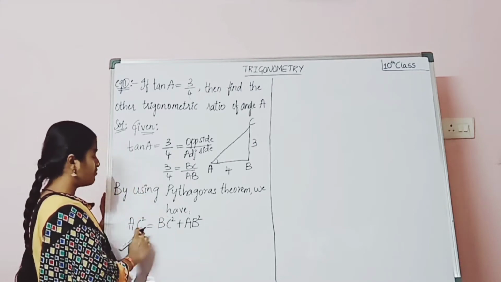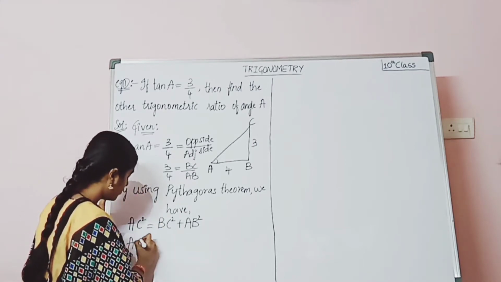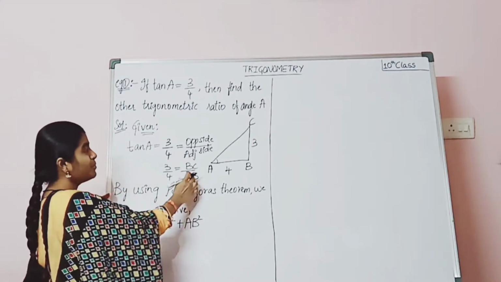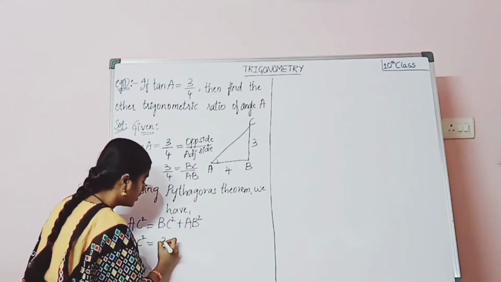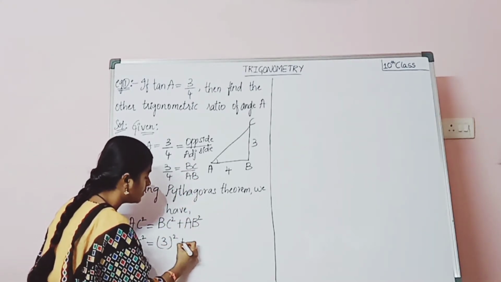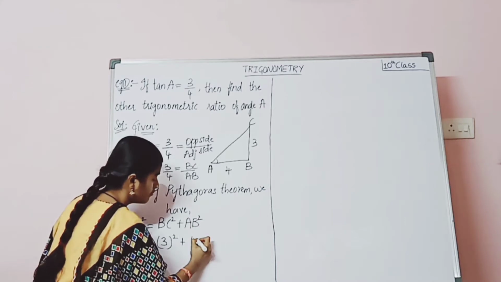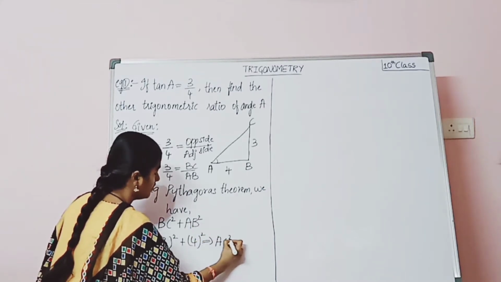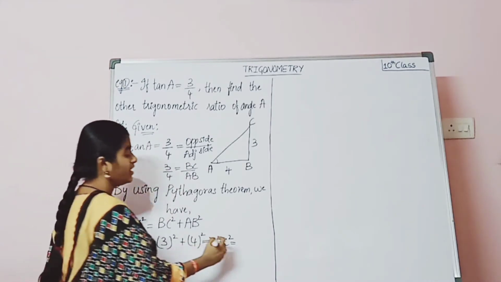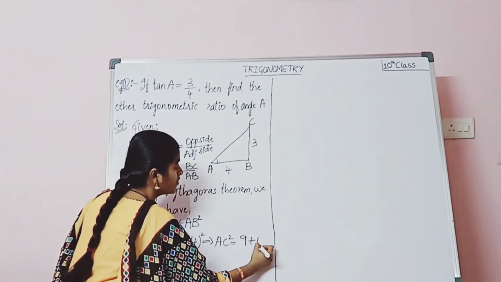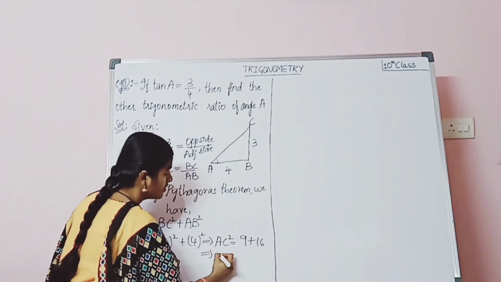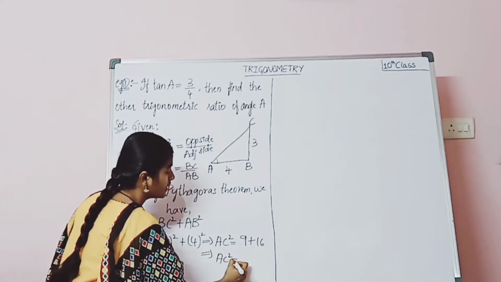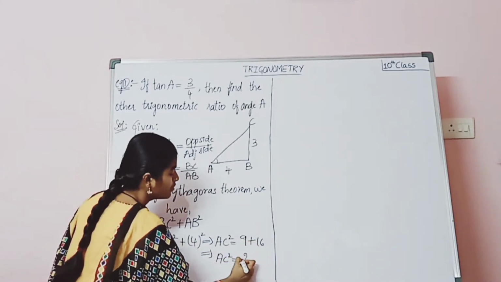So we have to find the hypotenuse. AC square equals, what is BC here? 3, so 3 whole square, plus what is AB? 4 whole square. That implies AC square equals 3 3s are 9, 4 4s are 16. So AC square equals 9 plus 16, which is 25.